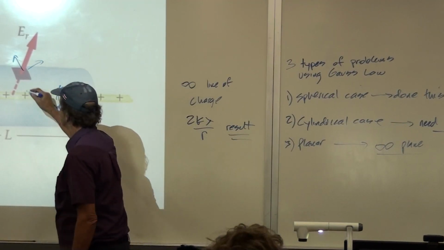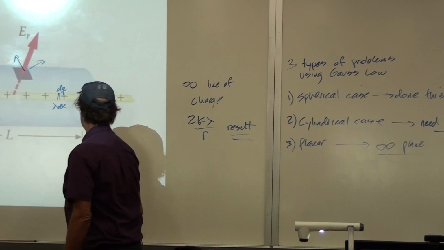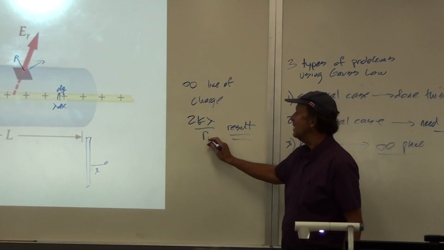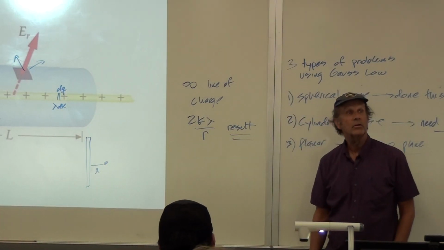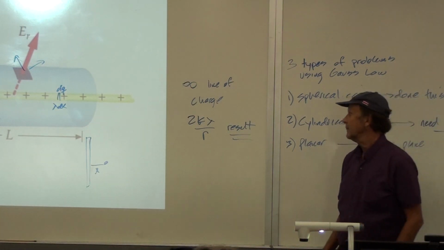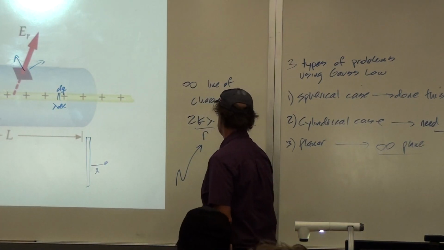Now it was over x before because I had the thing pointed this way. We had this distance, we call it x. The only thing I'm changing here is that I'm making r not the spherical coordinates r, but the cylindrical coordinates r. So now we're in a different coordinate system. We have to use cylindrical coordinates.